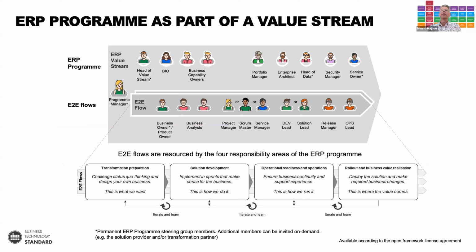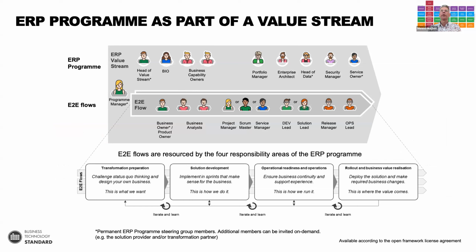The other version is that it's really done as a value stream, and for organizations that are already running value streams, this would be a great way to take control of an ERP transformation program. Imagine you already have a value stream related to, for example, supply chain management. It would be very logical to connect the program to the portfolio of that value stream and run it with that.